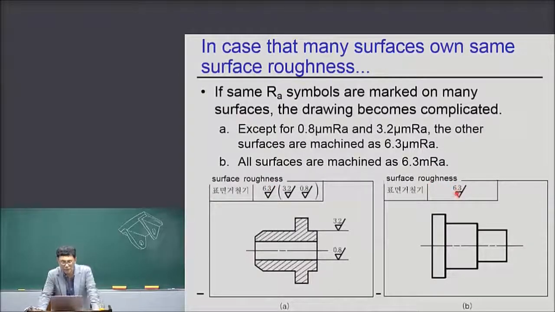In the drawing there is no 6.3, but what it means is all other surfaces are machined with surface roughness 6.3, right? So this is a very, very useful way of placing surface roughness. In case many surfaces have the same surface roughness, please use this technique, all right?